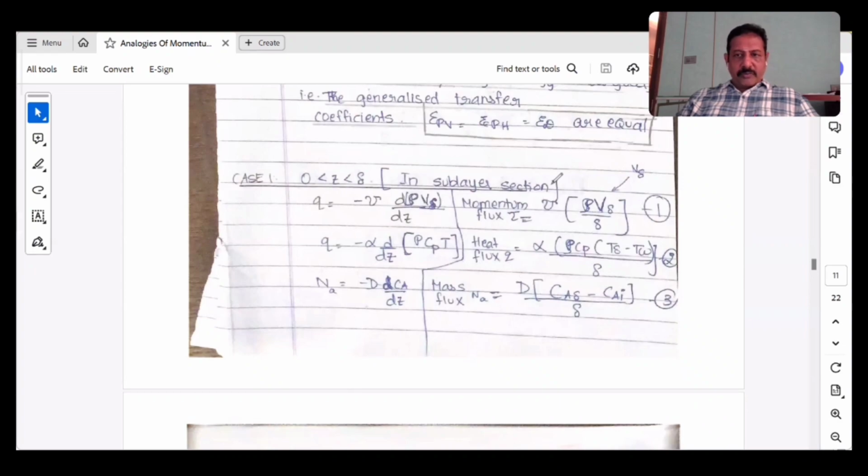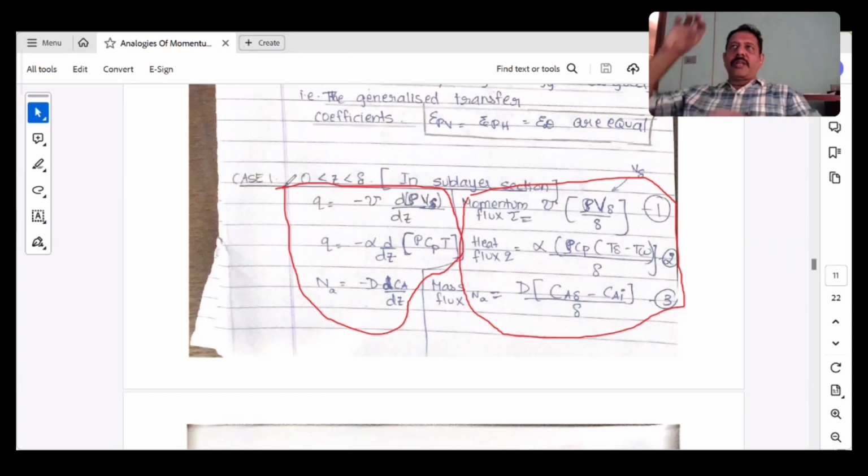Okay? These are the three equations, 1, 2, 3. This is the generalized form; when I apply it to the boundary from 0 to delta, I get this form. Momentum flux will be mu into the momentum concentration at the boundary, rho into v delta, minus the momentum concentration at the wall, which is 0 because velocity becomes 0, divided by the overall thickness of the region, delta.